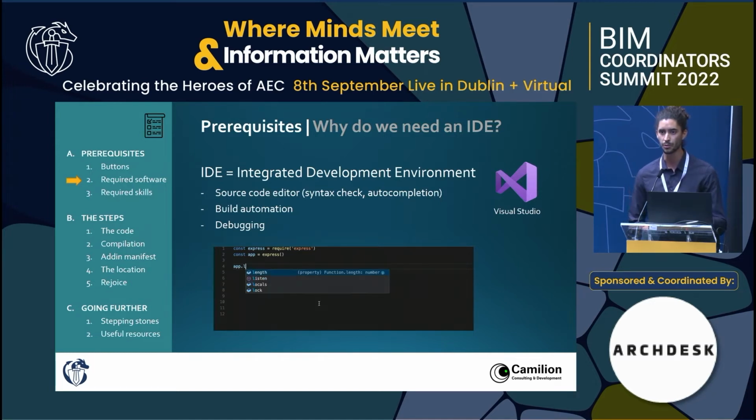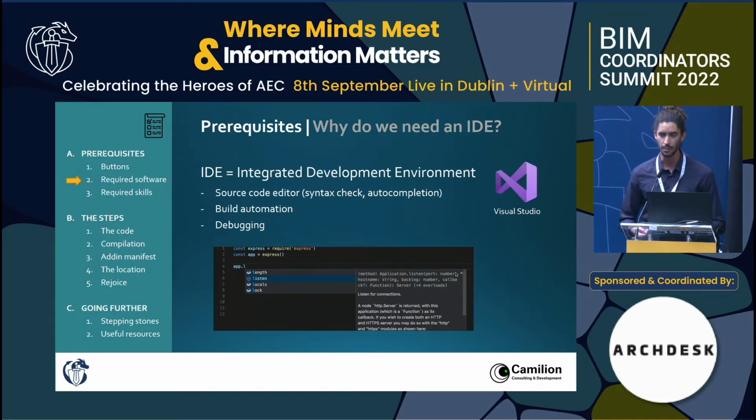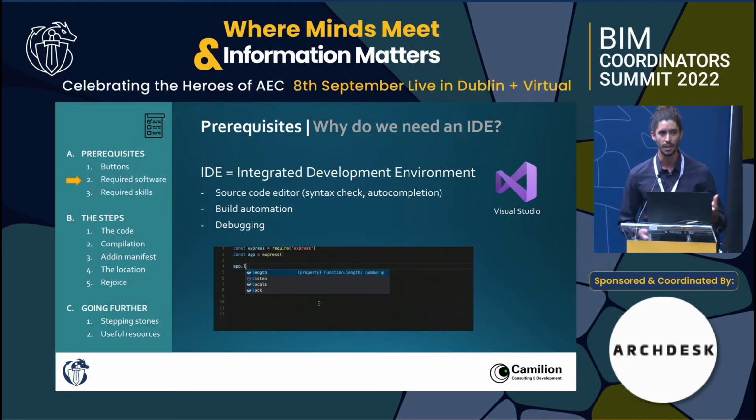This is super useful at the moment of creating your code, because Revit's API has, I don't know, thousands of calls. You are not going to memorize them all, but you kind of know where you have to go. So you start typing a letter and you get this list of options. So auto-completion is really necessary, and Visual Studio does this really well.